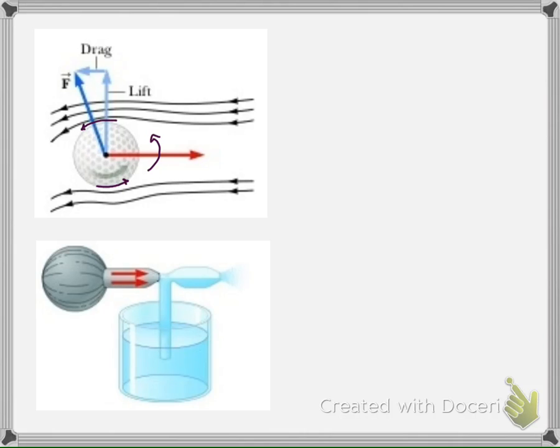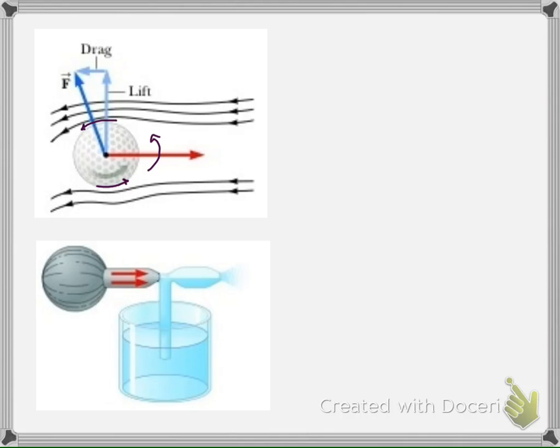You may wonder why the golf ball has to have dimples on the surface. The dimples increase the friction between the ball and the air.